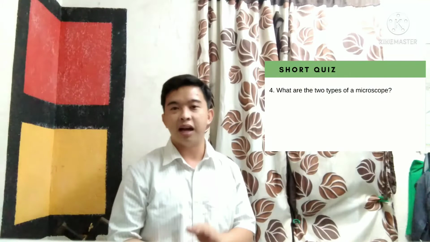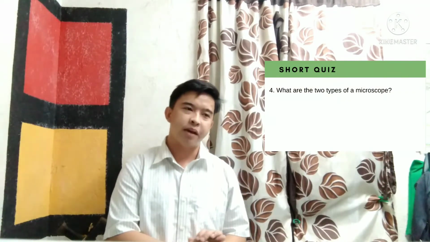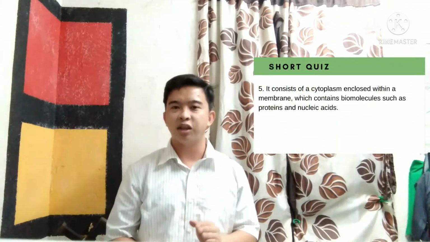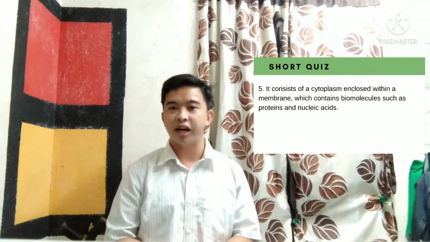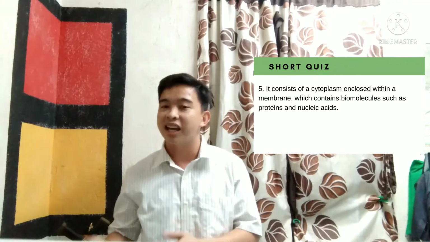And number 4, what are the 2 types of a microscope? And for number 5, it consists of a cytoplasm enclosed within a membrane which contains many biomolecules such as proteins and nucleic acids.